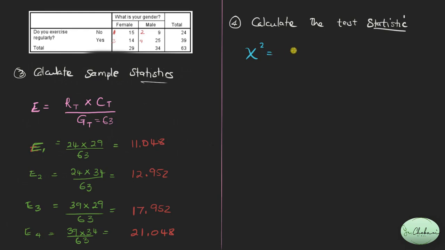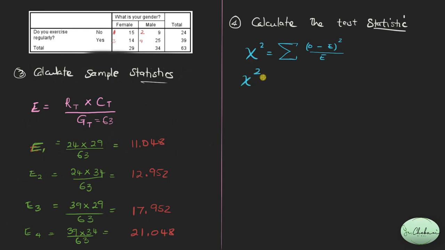Chi-square is equal to the sum of the observed frequencies minus the expected frequencies, squared, divided by the expected frequency. So we take each cell, subtract the expected from the observed, square that, divide by the expected, and then sum those cells. We have 4 cells, so we do this 4 times, and that total is our chi-square value.